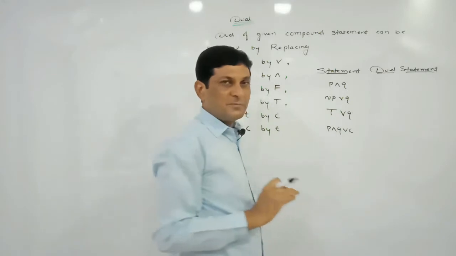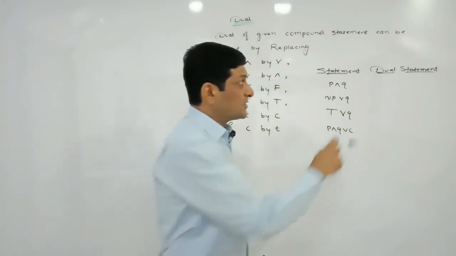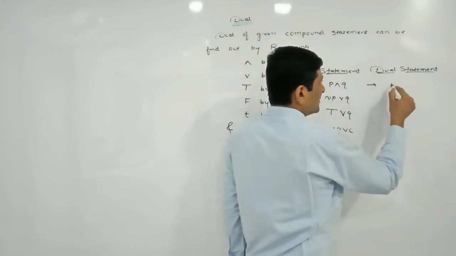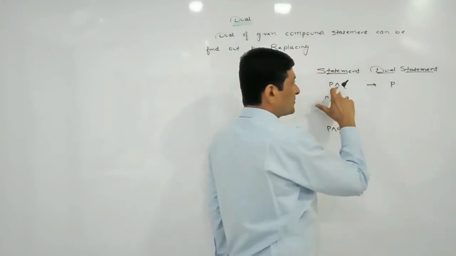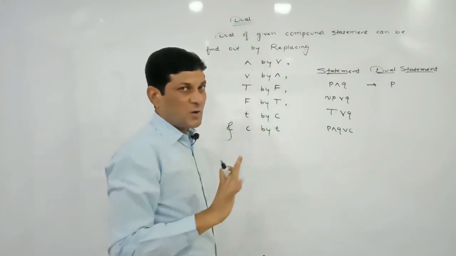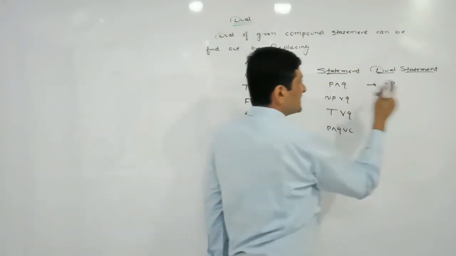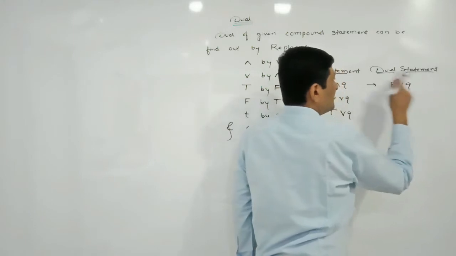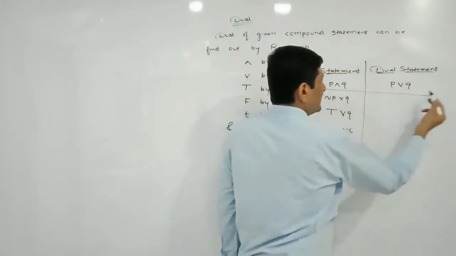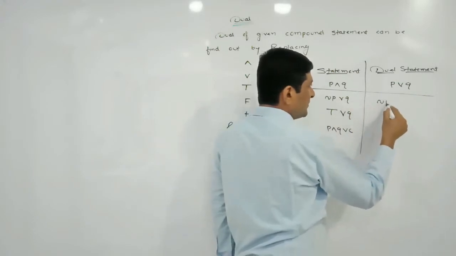So we have written some statement and we are trying to find its dual. Don't worry about the later part, only observe whether these terms appear in the statement or not. If and appears, replace it by what? Or. In this way we are finding the dual of this compound statement. Now here negation P, keep it as it is.